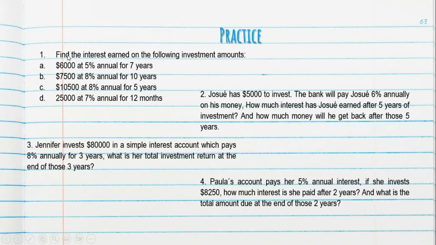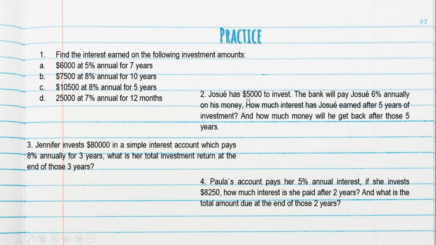Listen to the question: find the interest earned on the following investment amounts. $6,000 at 5% annual for 7 years. $7,500 at 8% annual for 10 years. $10,500 at 8% annual for 5 years. $25,000, I'm missing the dollar sign, at 7% annual for 12 months.